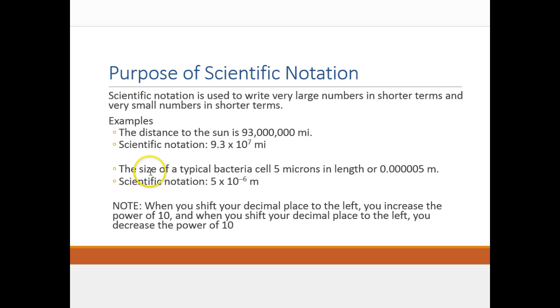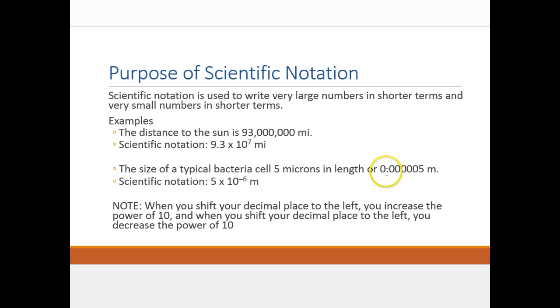Another example is the size of a typical bacteria cell is 5 microns in length, or 0.000005 meters. The scientific notation for this is 5 times 10 to the negative 6. Again, this time I'm going to take my decimal and shift it to the right, and when I shift right, I make the power more negative.